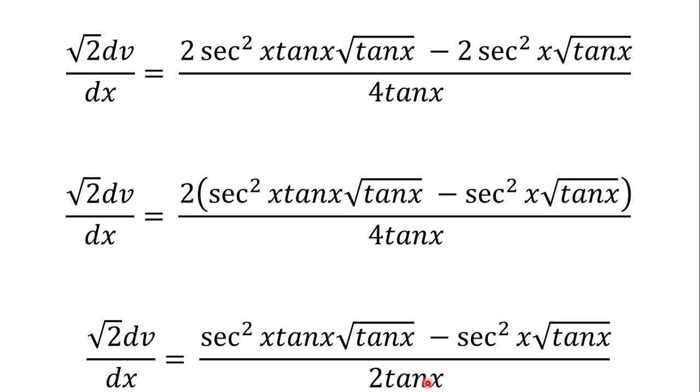Okay, alright. So what are we gonna do here? We can't do anything to it. So we are going to multiply through by what? 1 over square root of 2, and that one is going to give us what? dv is equal to this 1 over 2 times root 2 times what? Tangent x what? Squared.